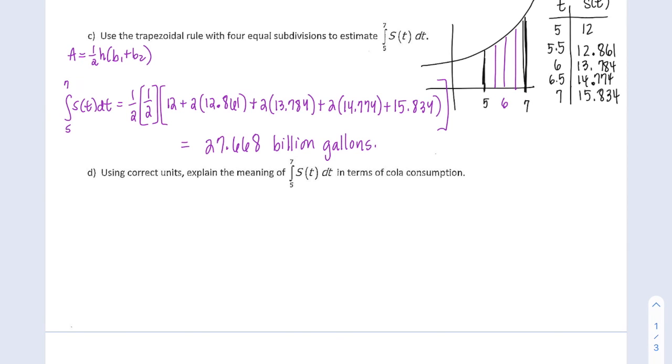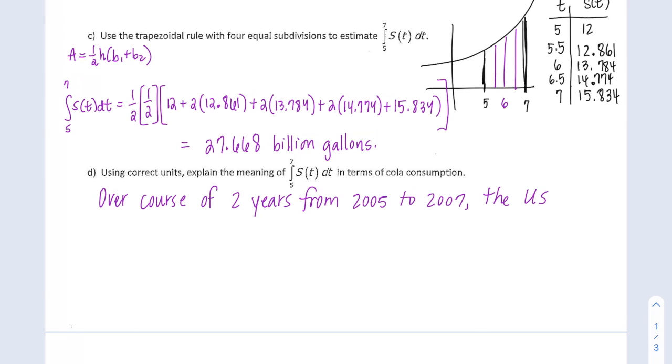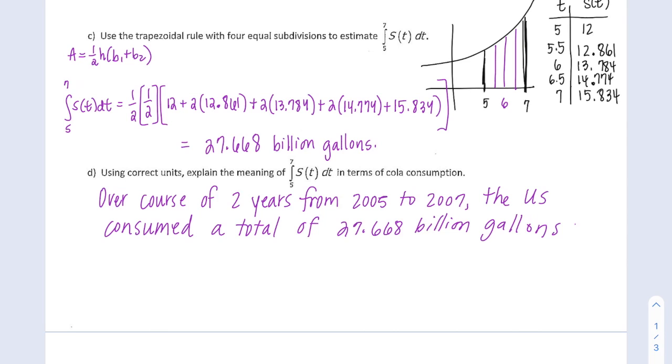So what we just found is that over the course of 2 years, from 2005 to 2007, the US consumed a total of 27.668 billion gallons of cola.